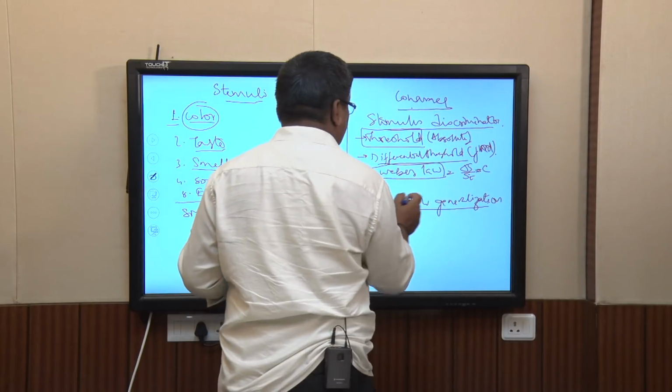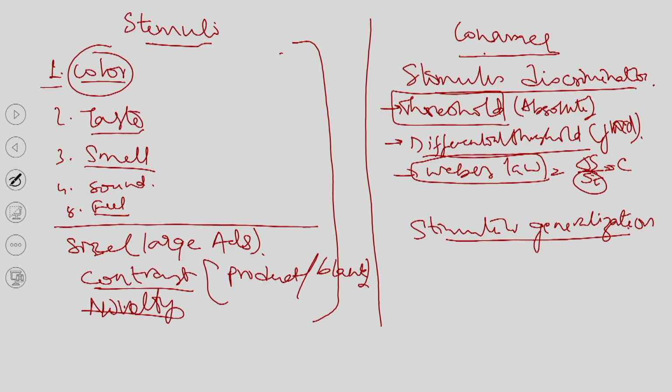So, the ratio between the initial stimulus and the change is always constant. The stronger the initial stimulus, the larger the change. If it is chips of 5 rupees, then a 50 paise increase will be equivalent to, if I have a 1 lakh rupees product, a similar proportion.